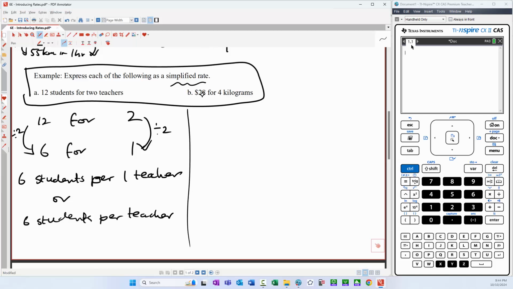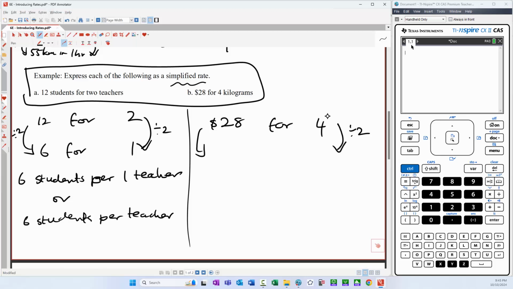For this scenario, imagine we've been to the butcher or the nut shop, and the sign says $28 for 4 kilograms. We want to find the simplified rate. If you ever go to the butcher, you'll note that all the prices are quoted per kilogram. So we'll go $28 for 4, and put our arrows in.